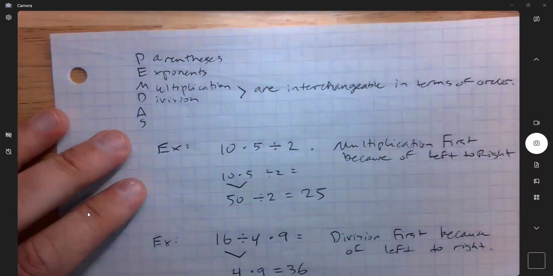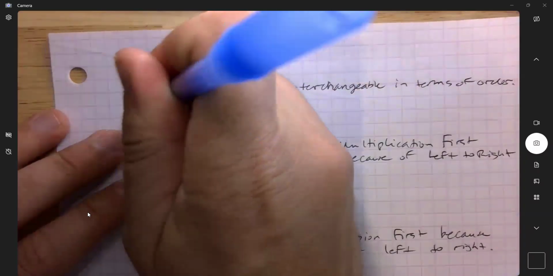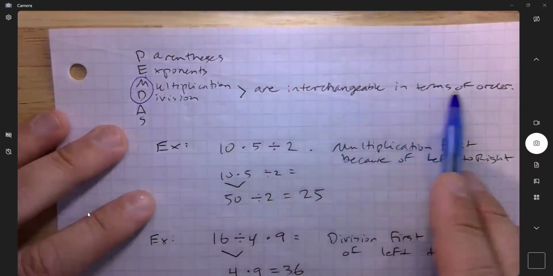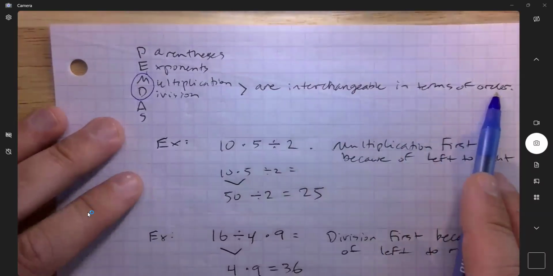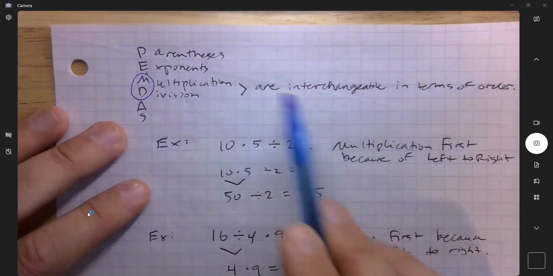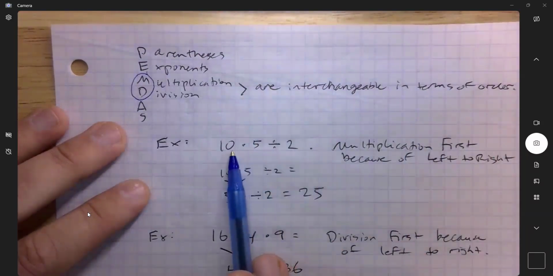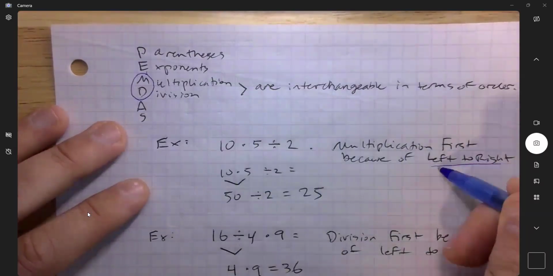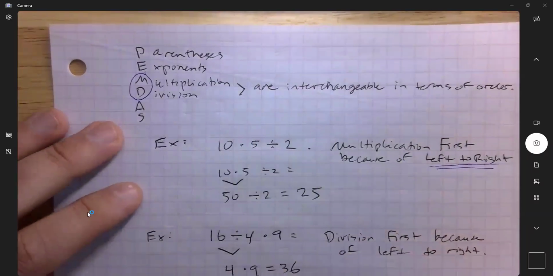Moving on to multiplication and division. Multiplication and division are interchangeable in terms of order. So you don't always do multiplication before division. If you have things just written one after the other, you still have to do left to right when it's all multiplication and division.